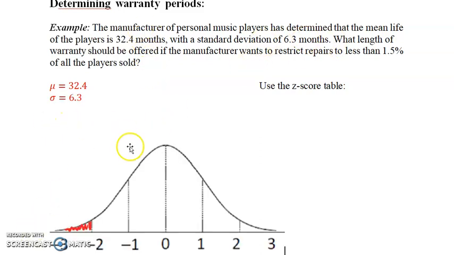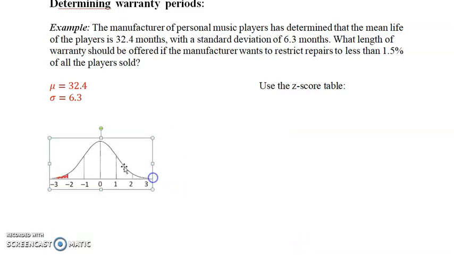What length of warranty should we offer if the manufacturer wants to restrict repairs to less than 1.5%? We know it's going to be over here somewhere. We don't know exactly, but we're going to calculate the Z-score, and that'll help us determine how long we should offer the warranty.